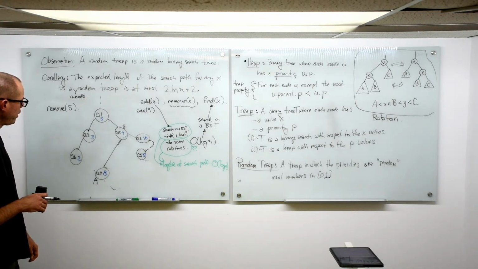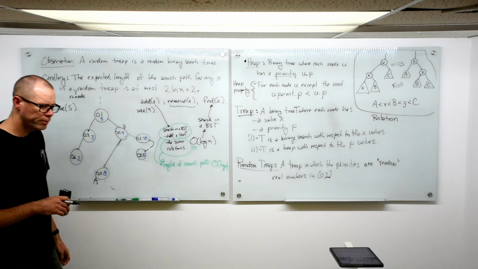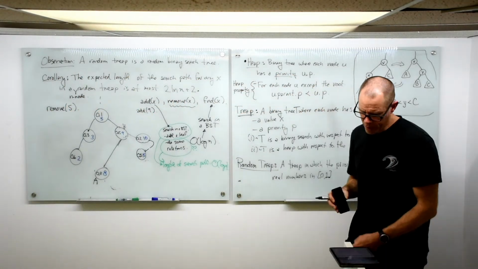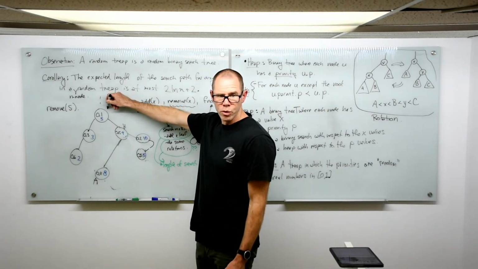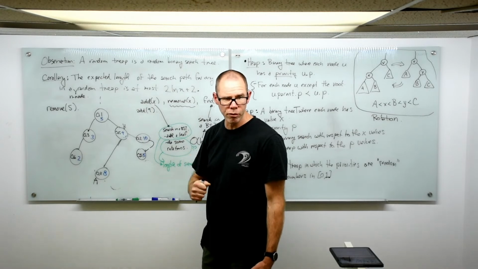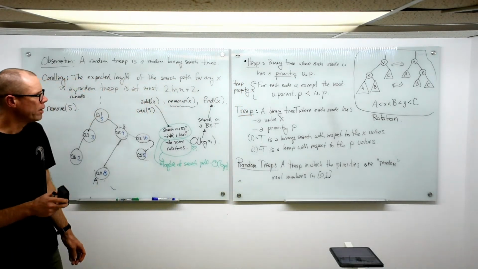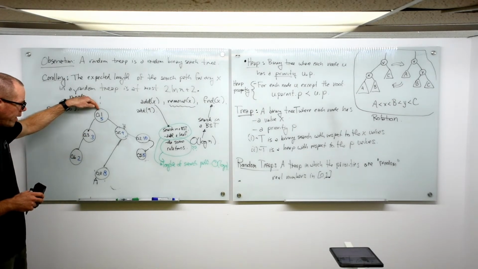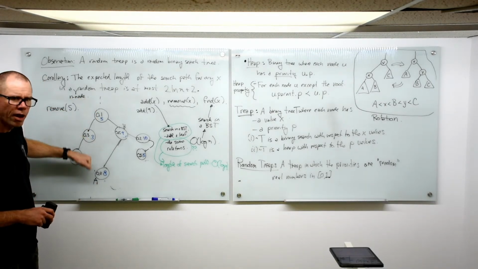Well, I know that it was easy to remove leaves, so maybe I should try to make 5 a leaf in this tree. Somehow do something so that 5 becomes a leaf. Well, how could I make 5 be a leaf? Well, 5 is up here at the root, and leaves should be further down. So I want something that pushes 5 down in the tree.